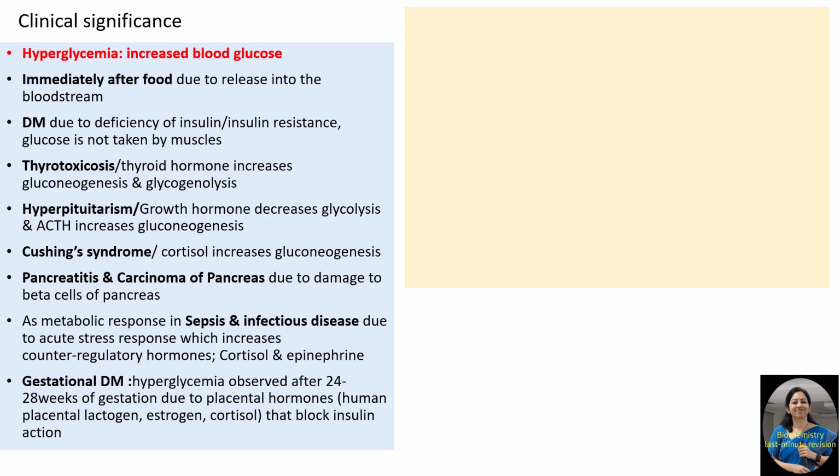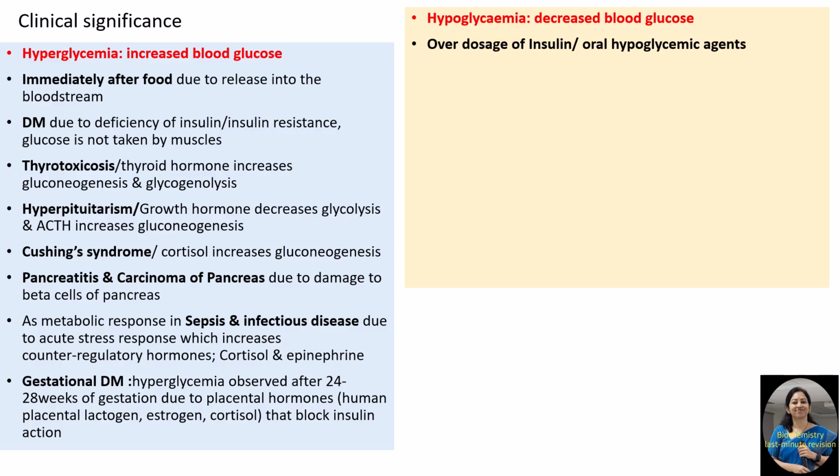Now the conditions where you get to see hypoglycemia, and hypoglycemia means the blood glucose is less than 70 milligram per deciliter. One is overdosage of insulin or overdosage of anti-diabetic drugs like oral hypoglycemic drugs. What happens?